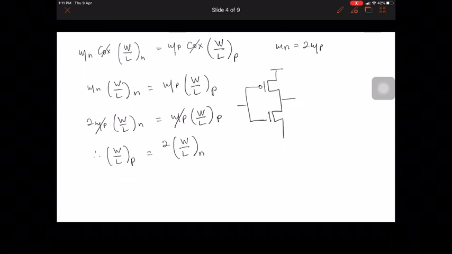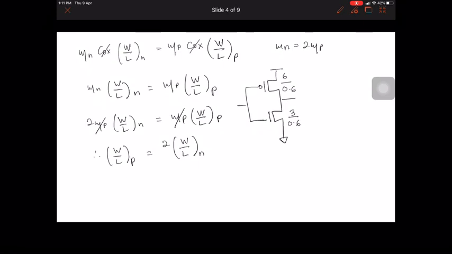If the size of the NMOS is 3 over 0.6, the size of the PMOS should be double, which is 6 over 0.6.